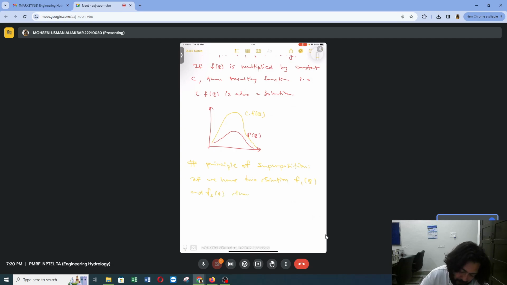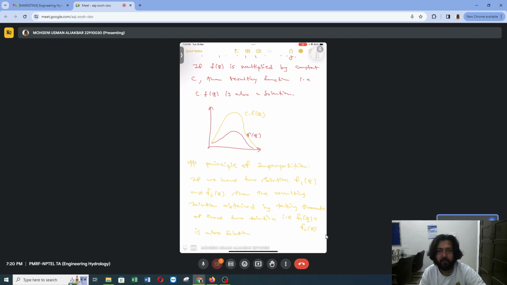Then the resulting solution, which is obtained by taking the summation of these two solutions, that is f1 of q plus f2 of q, is also a solution.